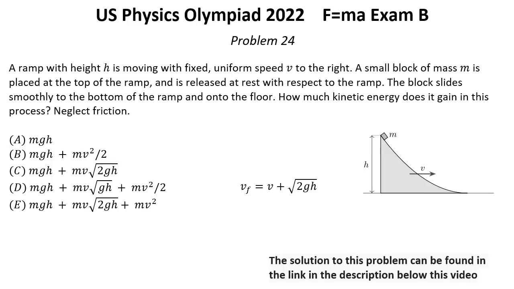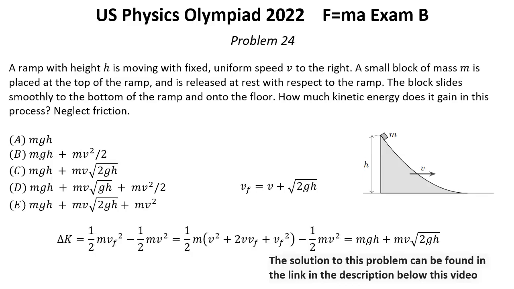It means that the change of kinetic energy will be the final kinetic energy, which is 1/2 m v final squared, minus the initial kinetic energy, which is 1/2 m v squared. After calculations, we will get mgh plus mv multiplied by square root of 2gh, which is answer C, and that was the solution for problem number 24.